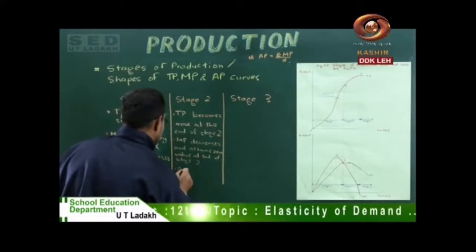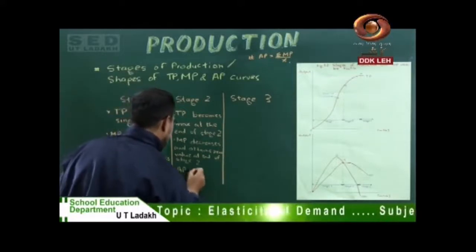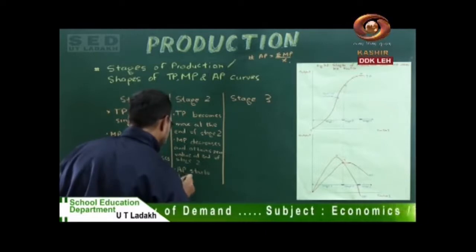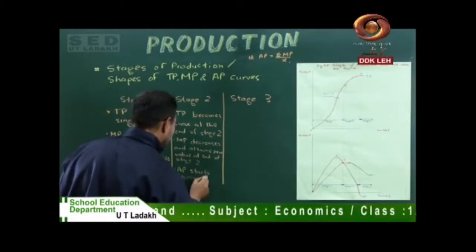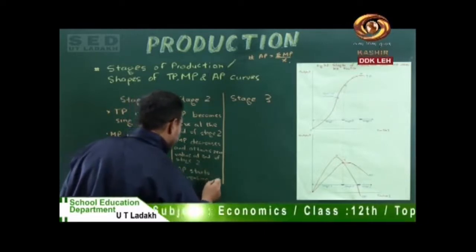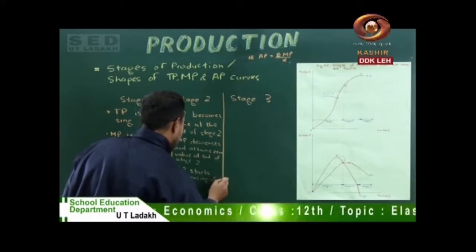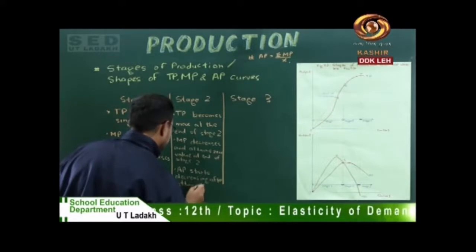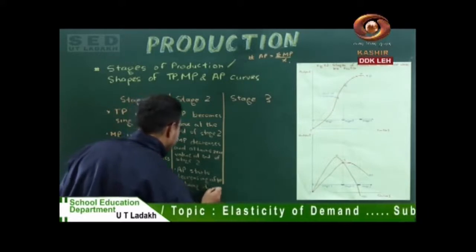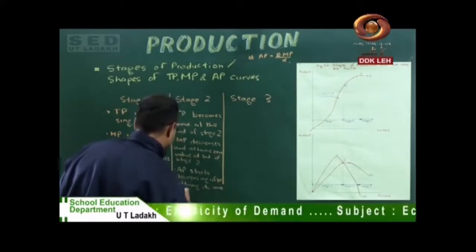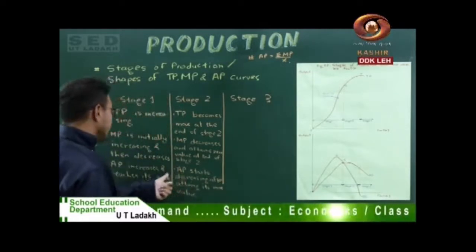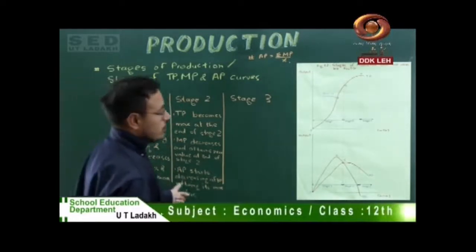So AP starts decreasing after attaining its maximum value. AP attains its maximum value at the end of stage 1.